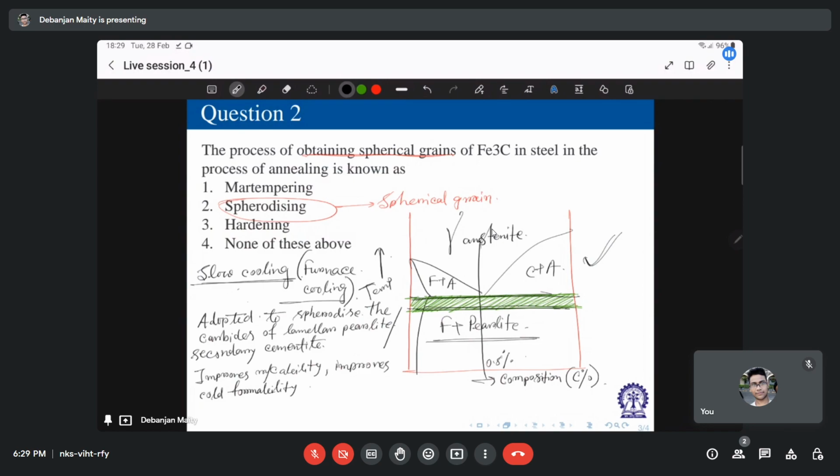For example, for machinability of high carbon tool steel, the machinability is best when the microstructure is globular.